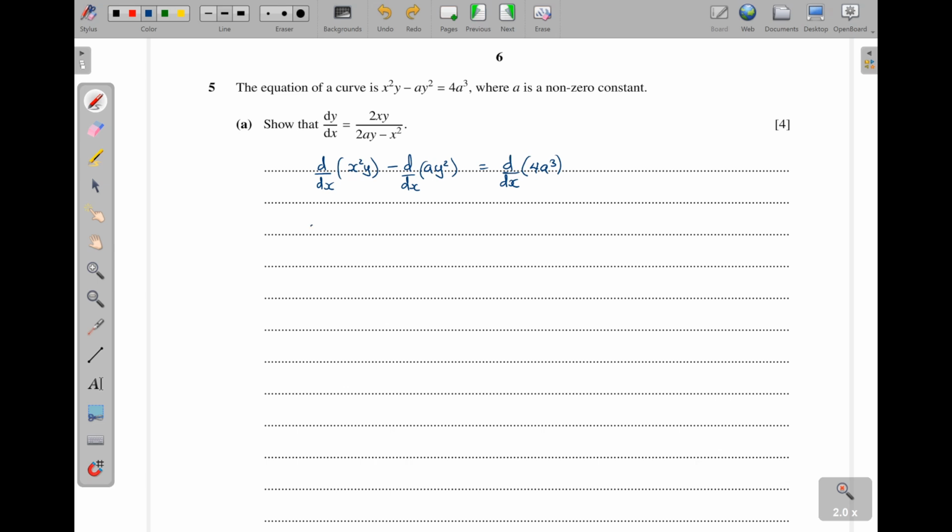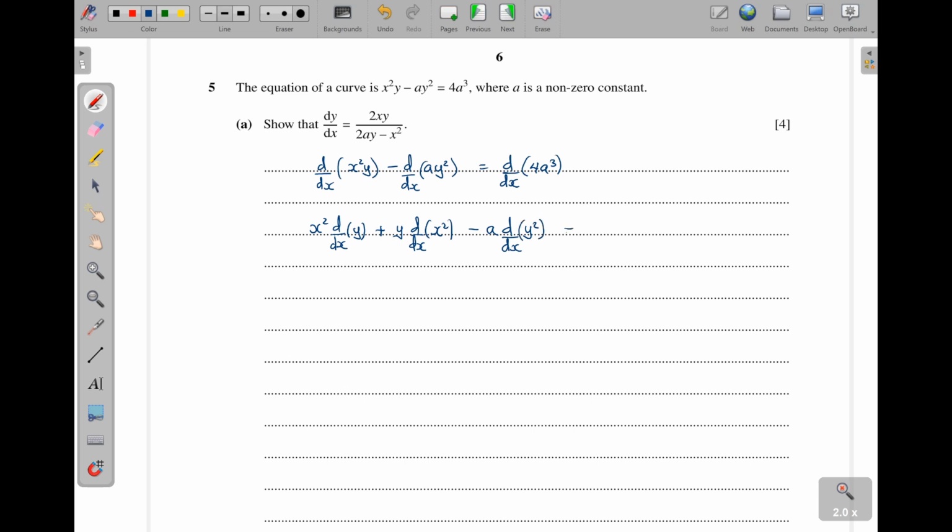I will have x squared, then d/dx of y, plus y times the derivative of x squared. Then minus, I can pull out this a because it is just a constant, so I write a, then d/dx of y squared.